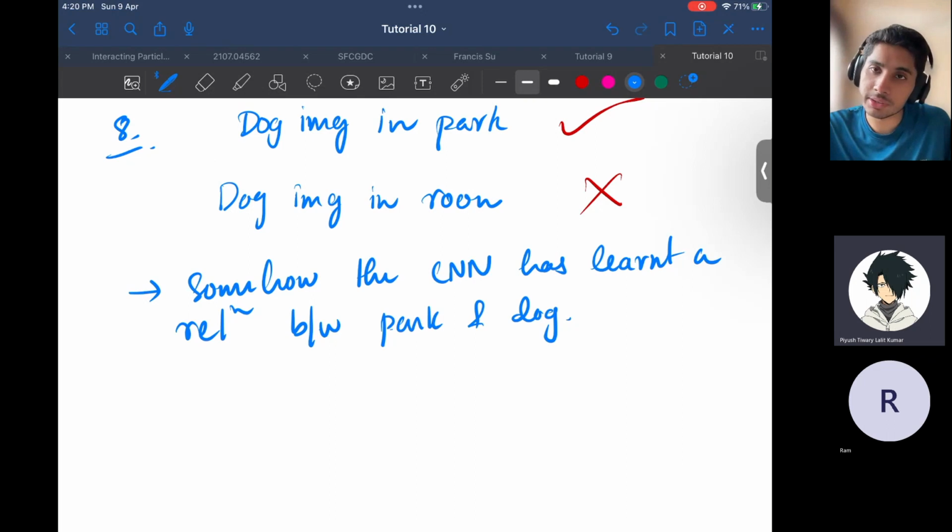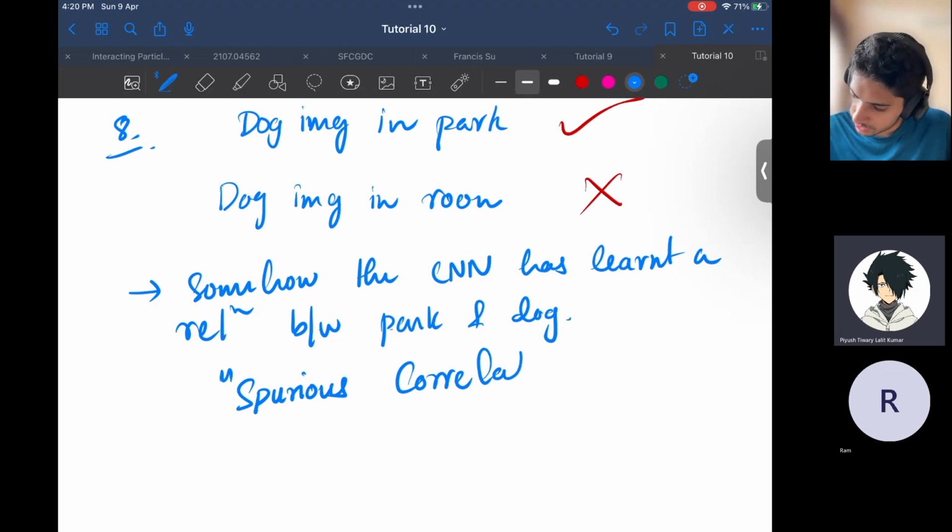Because your data is biased in such a manner, it might learn that if a park is there, then only there will be a dog. It might learn a relation like that. This is what we call spurious correlation.